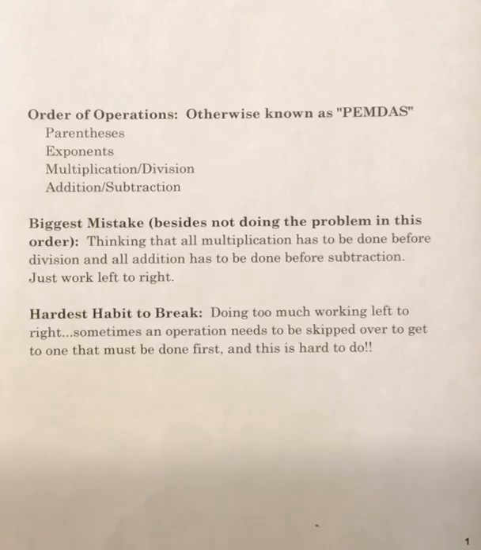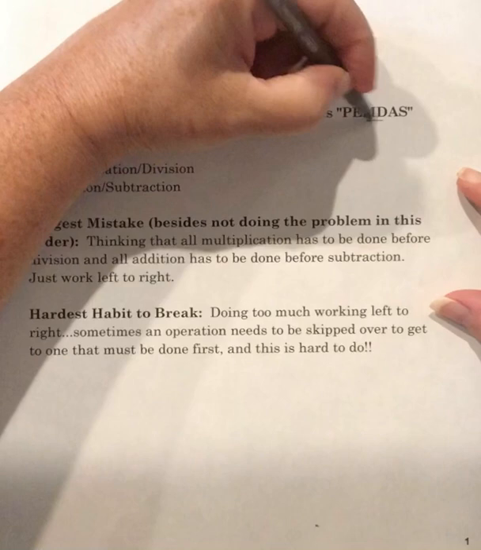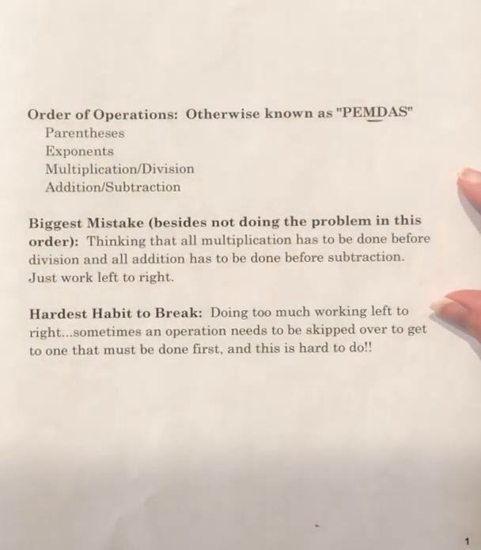You want to think that multiplication and division are on the same level. So as you're working left to right, whichever comes first, whether multiplication or division, is what you do first. It's just that you have to do all multiplication and division before doing any addition and subtraction.